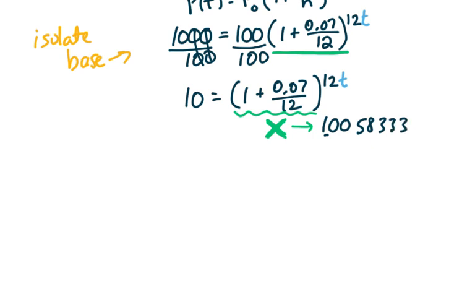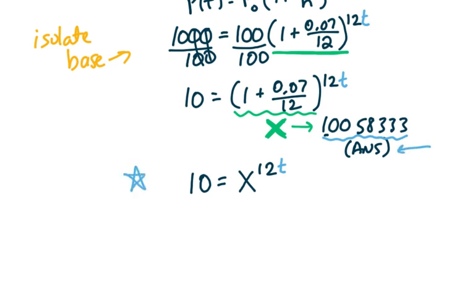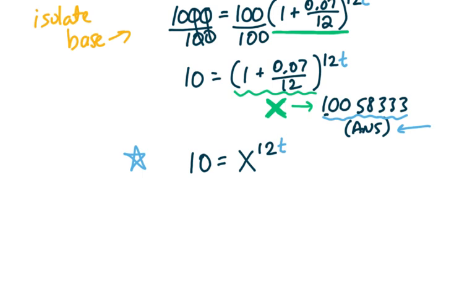The good thing is I have that in my calculator right now, so later I can use my answer button to put that in. But visually when you write this, here's what I'm going to do. I'm going to say 10 equals x, and that's the base, the parentheses, the 1.0058333 that I don't want to write again, and we're going to raise it to the 12 times t. All right, that looks a little bit simpler, so I'm going to keep it as a big X, even though I know X is really this number over here, and I'll use my answer button in just a sec. I just think this looks a little more pleasing to the eye, and a little bit easier to switch into log form, which is what we're going to do next.